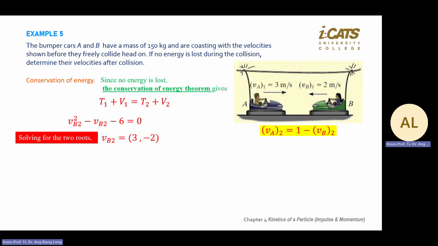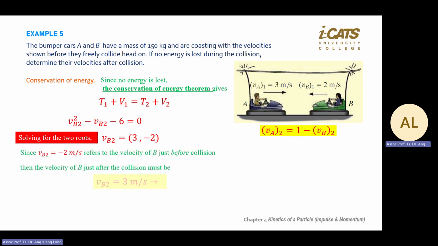The velocity of object B follows a quadratic equation, so you only have two velocities when it equals 0. If you plot the graph, it will intersect at 3 and minus 2, these two roots.